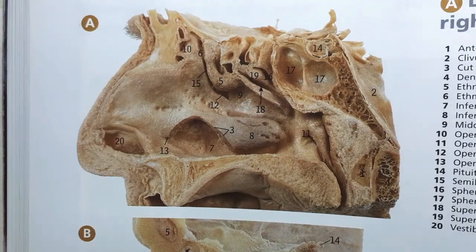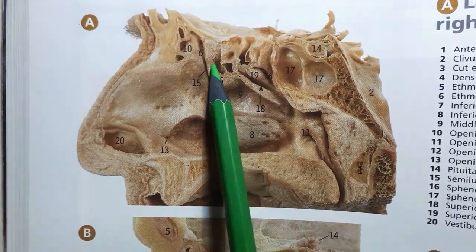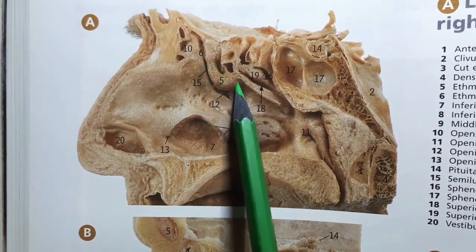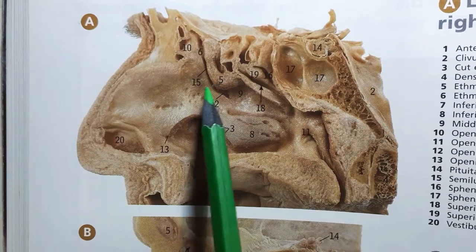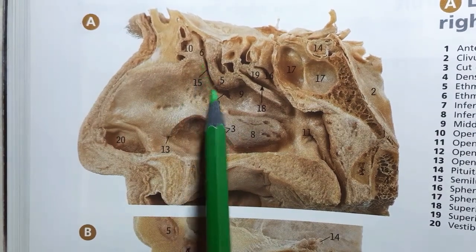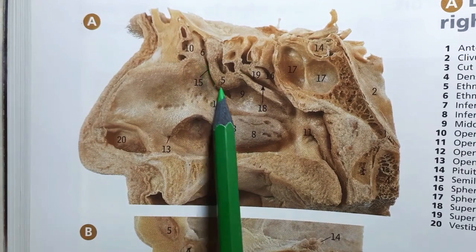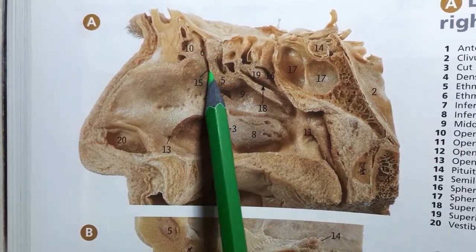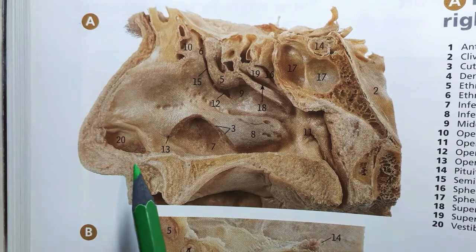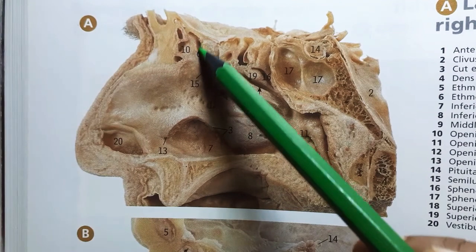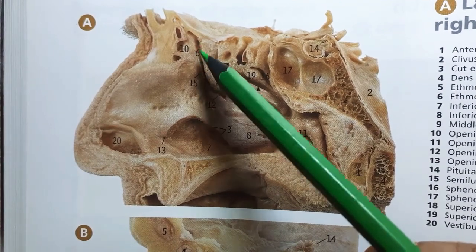And also you can see the ethmoidal bulla. This structure which you are seeing right now is the ethmoidal bulla 5, and the hiatus semilunaris, a half moon shaped groove. This is the hiatus semilunaris, which is marked as 15. And also you can see the ethmoidal infundibulum. This structure is the ethmoidal infundibulum over here.